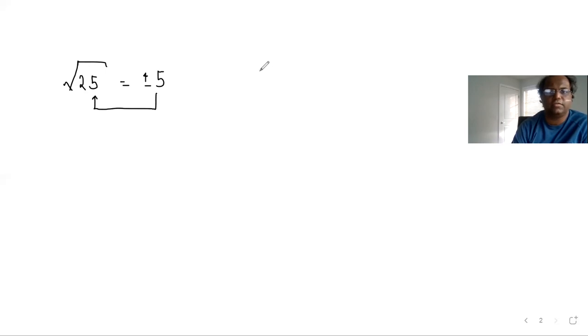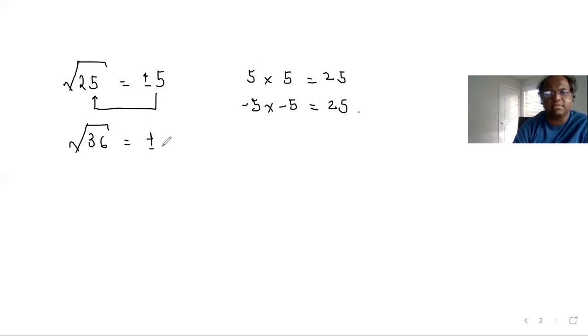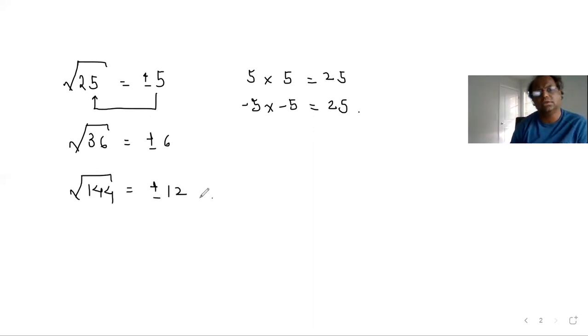Okay, so immediately the obvious choice is that 5 times 5 is 25, and negative 5 times negative 5 is 25. Same story. So if I give you 36, you will give me plus minus 6. If I give you 144, you will give me plus minus 12.